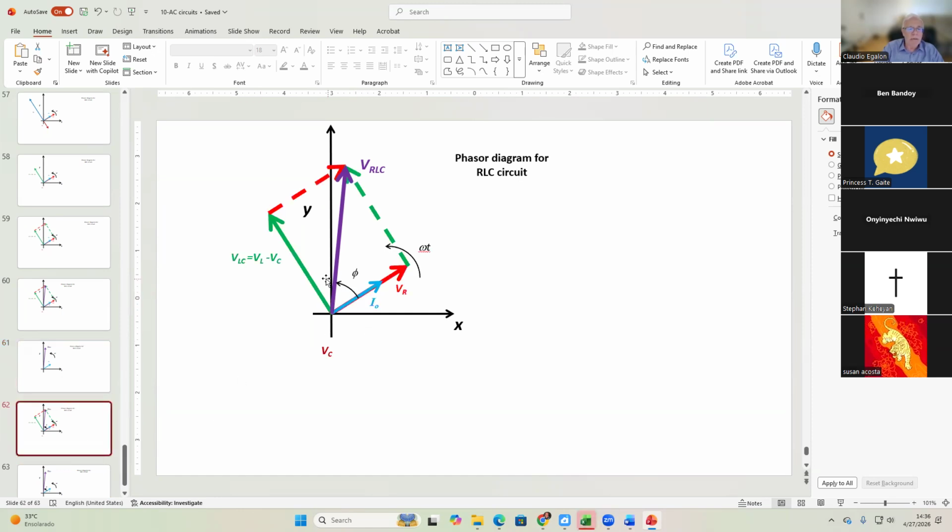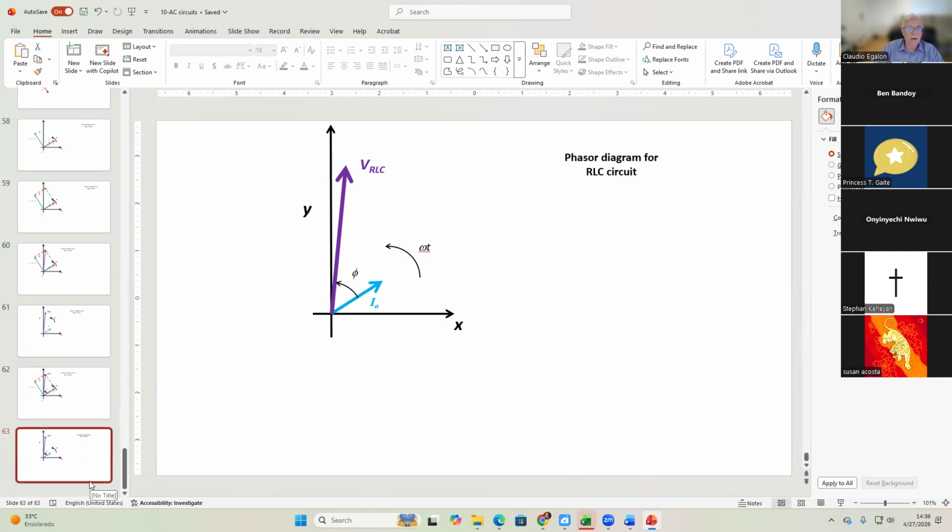Here you go. The phase difference is this phi right in here. This phase difference is kept constant through time.